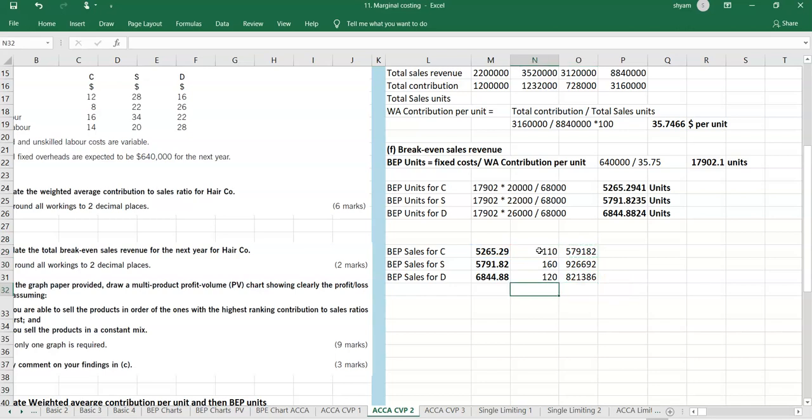Now we will get the break-even amount, or sales revenue. So we got our break-even sales revenue. This number and the previous answer should be the same. It is 2327260. Let's check.